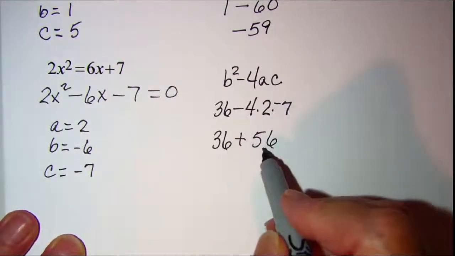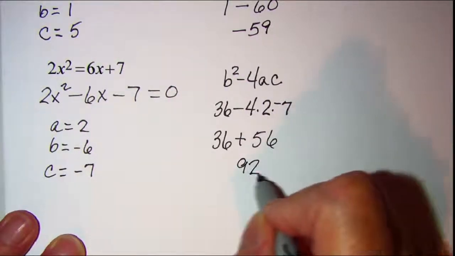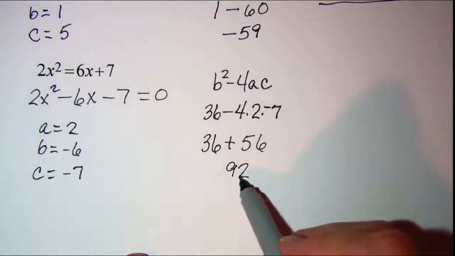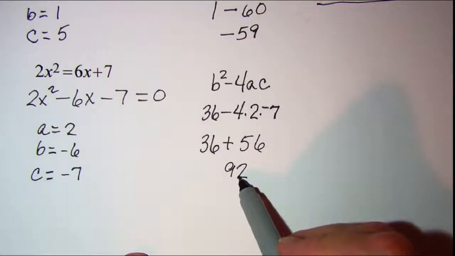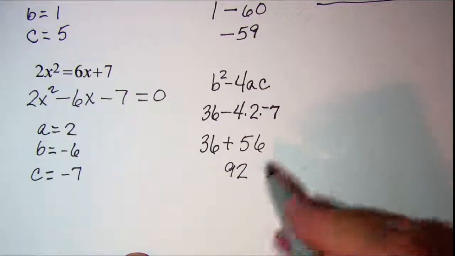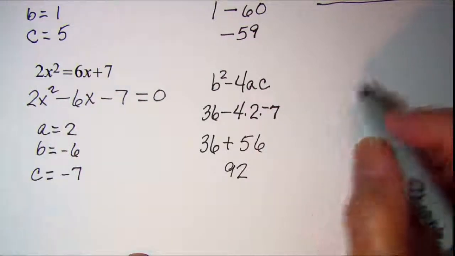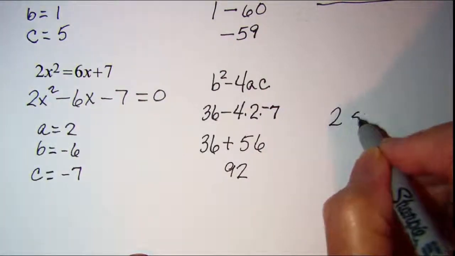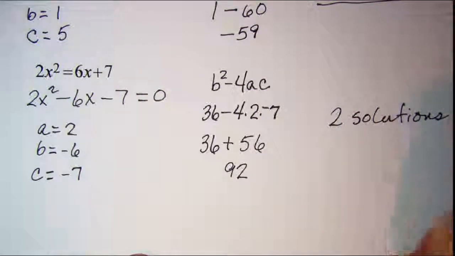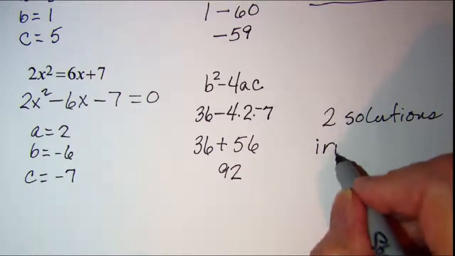When I add these together, I get 92. And because the value under the radical is a positive number, but it's not a perfect square, so I won't be able to square root that, my discriminant is 92, so I have two solutions, but they will be irrational since I can't square root those.